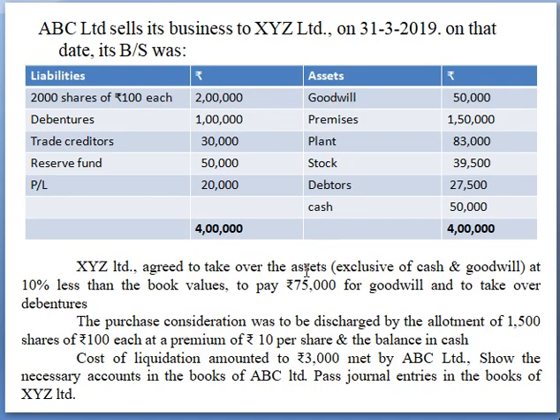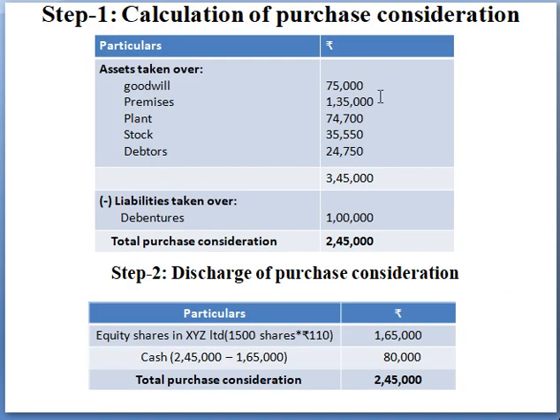See here, goodwill is taken over for how much? For 75,000, right? Then next is the premises, which is 1,50,000, and all the assets are taken over at less than 10%, right? So 10% in the sense you will get 15,000, just subtract it, you will get 1,35,000.